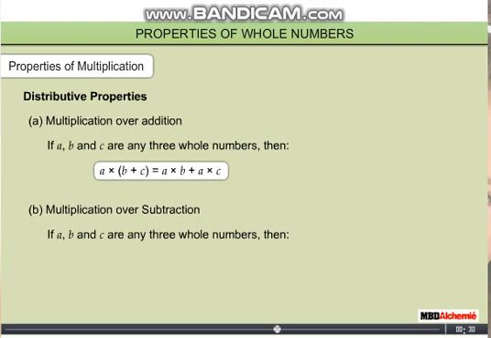If A, B, and C are any three whole numbers, then A into B minus C is equal to A into B minus A into C.